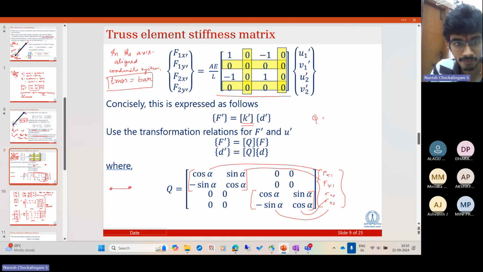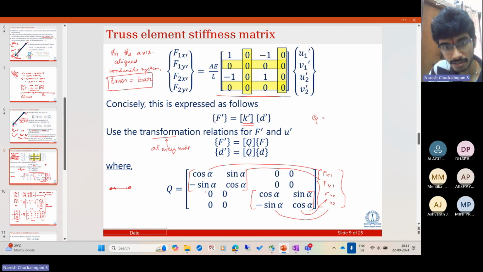So when we do the coordinate transformation, we cannot have a relation where the force at the first node depends on the force at the second node. So the coordinate transformation is at a point, at every node.